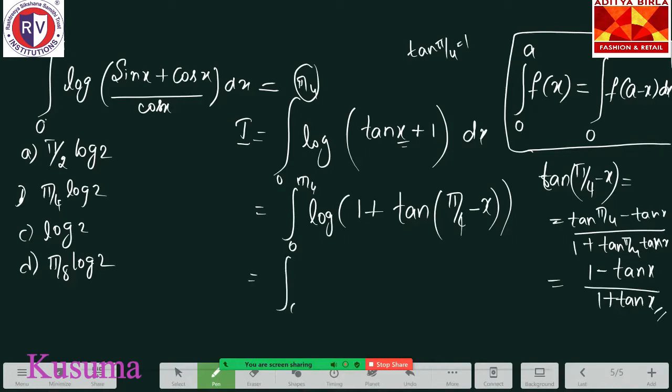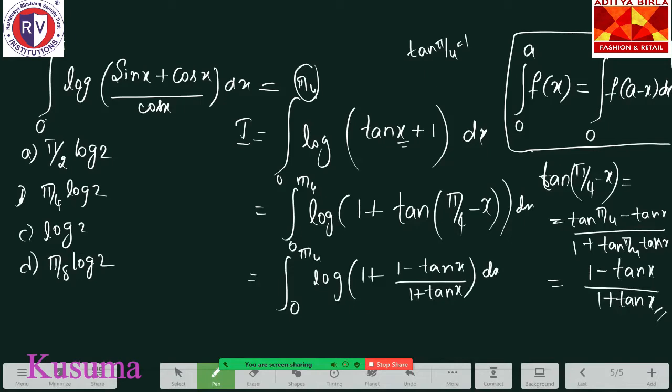So this will be equal to integration from 0 to pi by 4 of log of 1 plus (1 minus tan x) divided by (1 plus tan x) into dx. Okay, now let us simplify this.